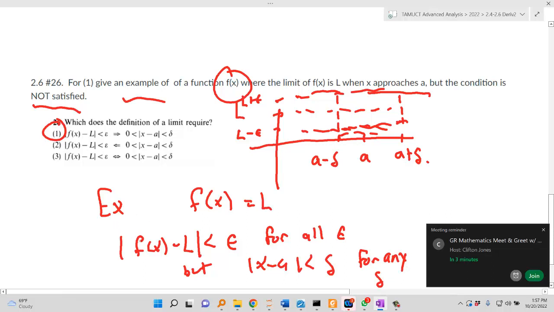Because if I choose delta equals 1,000,000, I can choose x equal to a plus 1,000,001, and still f of x is equal to L. So be careful about the statement of the problems, and the other problems were fine. We'll stop there.